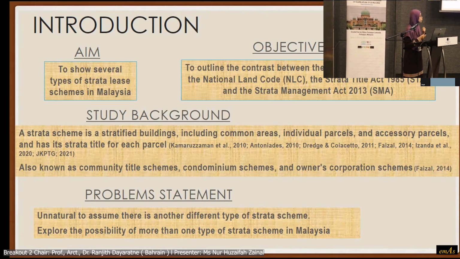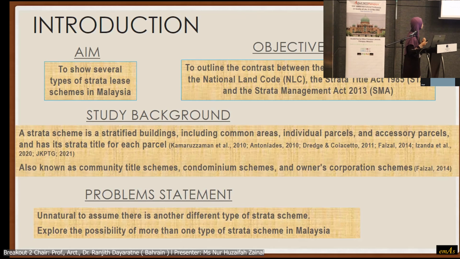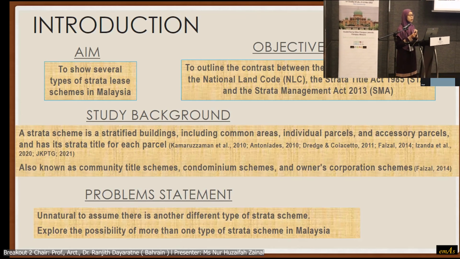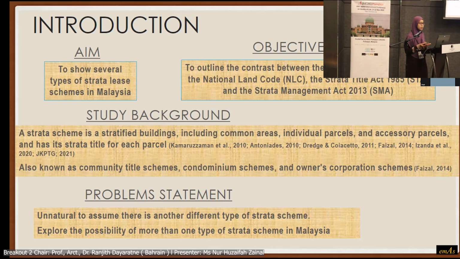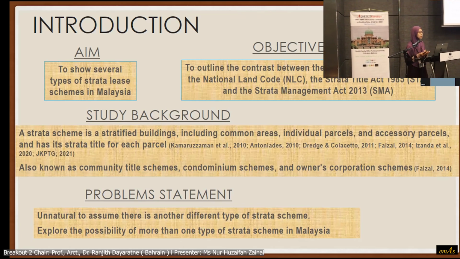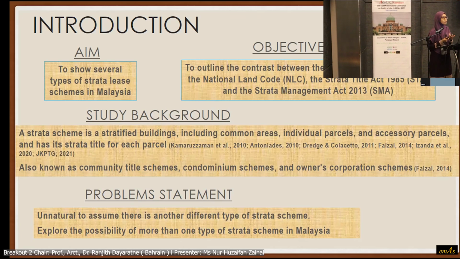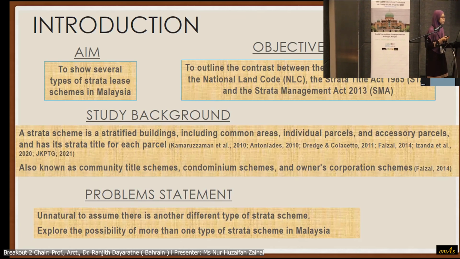What we are trying to do is that before this, it was known that there is only the strata scheme, which is strata buildings in Malaysia. But there is no identification of what kind of strata building there is in Malaysia.